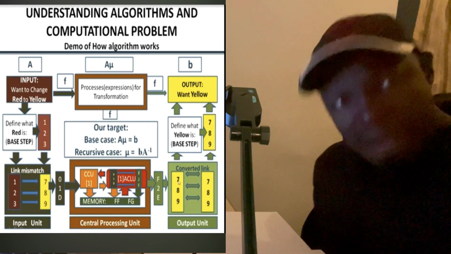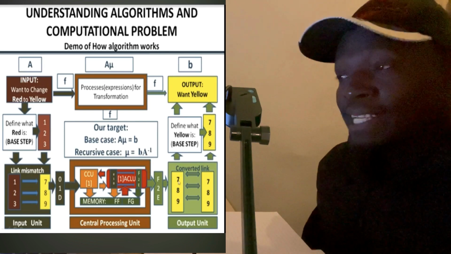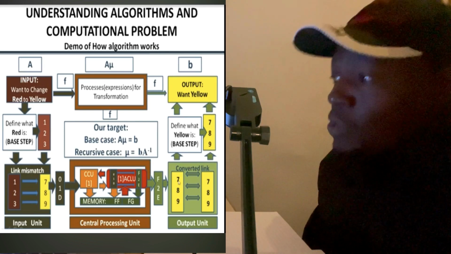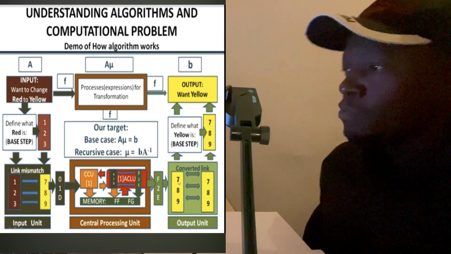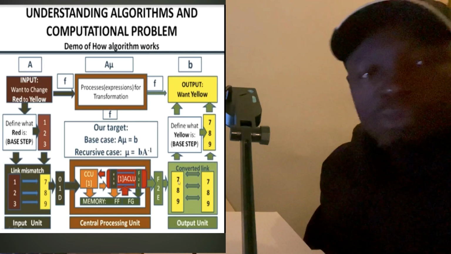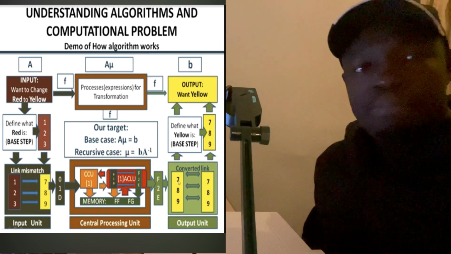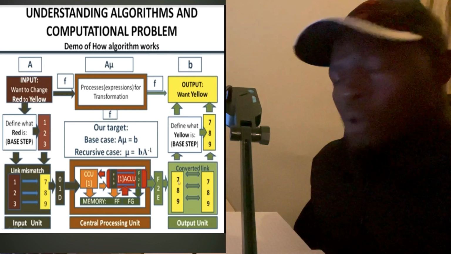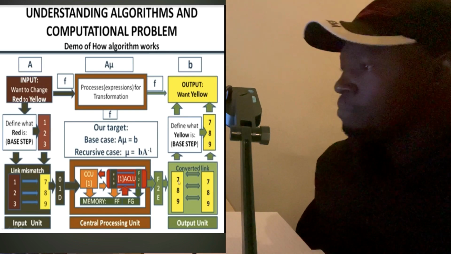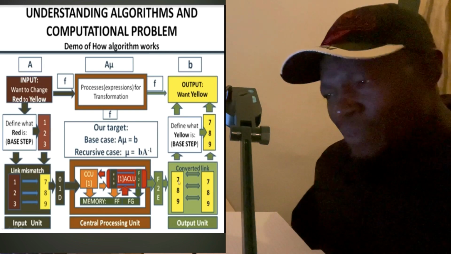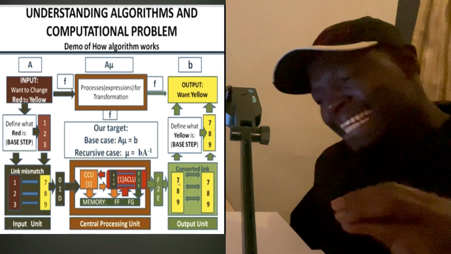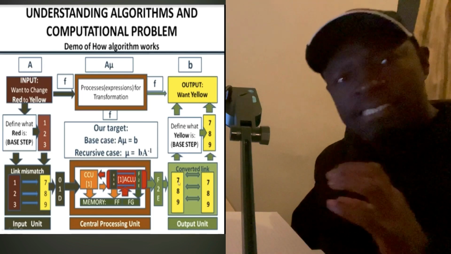I have come up with this model, as I said previously, just to demonstrate how an algorithm works and how an algorithm can be designed, and that is the core of the working behavior of the computer system. What I am showing you is what really happens inside the processor when it is processing some kind of information.